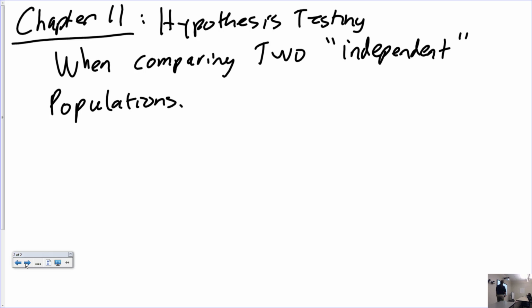And again, independent is in quotes because we're going to deal with one case where the two populations can be dependent. And if you remember, that's where we talked about before and after testing. That's going to be here in chapter 11. Except now all we're going to be doing on this, folks, instead of doing confidence intervals, we're going to be doing hypothesis testing.